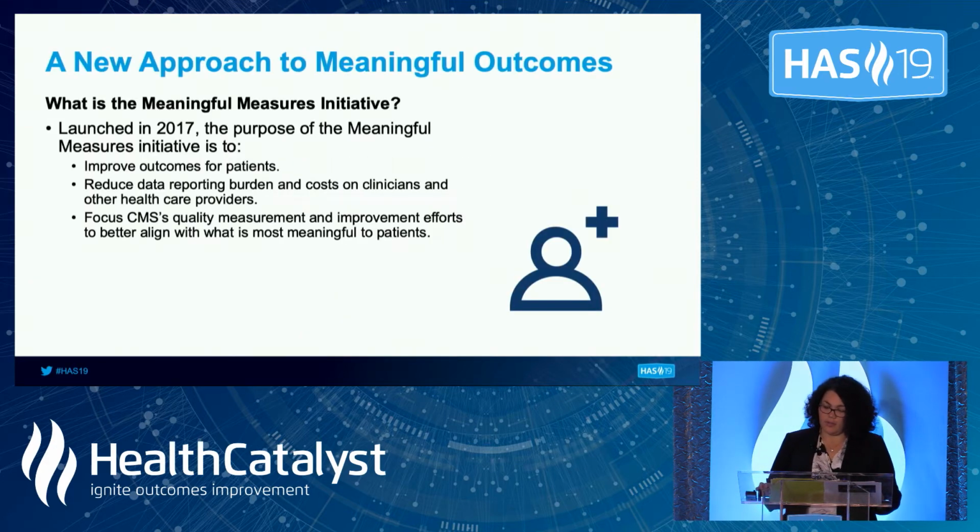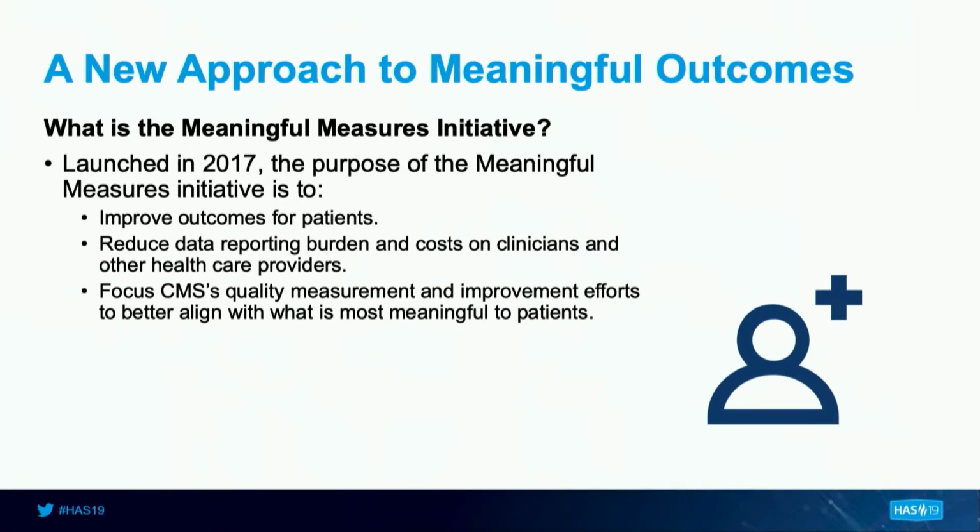And that's where the Meaningful Measures Initiative comes in. So launched almost simultaneously with the Patients Over Paperwork initiative was the Meaningful Measures Initiative. And what that really is, is to improve patient outcomes, reduce data reporting burden and costs to clinicians and providers, as well as making sure that we're focusing our quality measurement initiatives and making sure that we're all going in the same direction, et cetera.